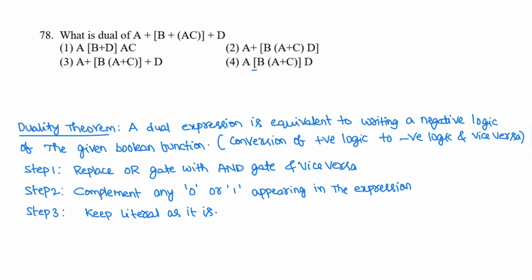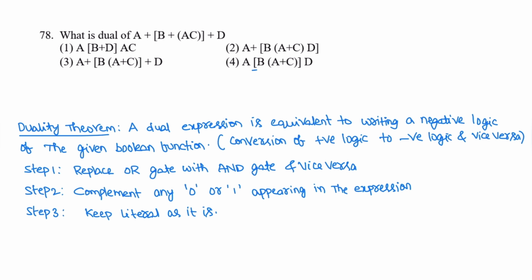Next question. The dual of A plus B plus AC plus D is, we know that the dual expression is equivalent to writing a negative logic for the given Boolean function. Duality theorem means simply the conversion of negative logic to positive logic and positive logic to negative logic.